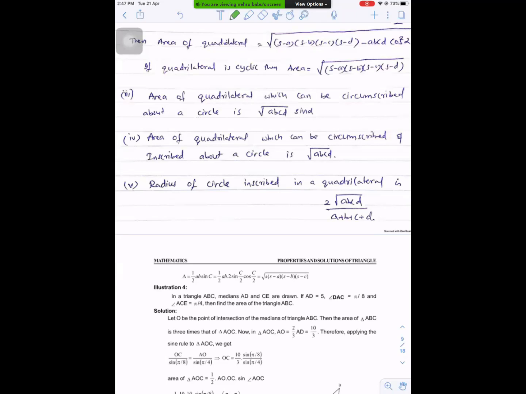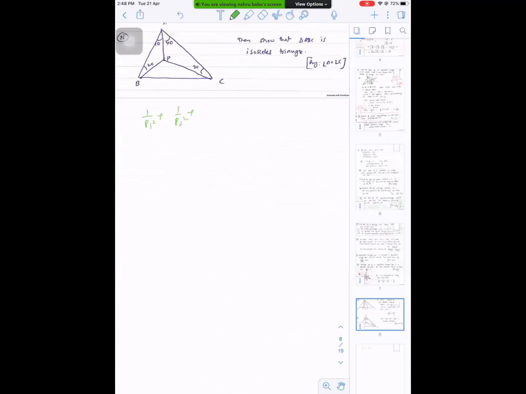It is 1 by P1 plus 1 by P2 plus 1 by P3, into 1 by P1 plus 1 by P2 minus 1 by P3.